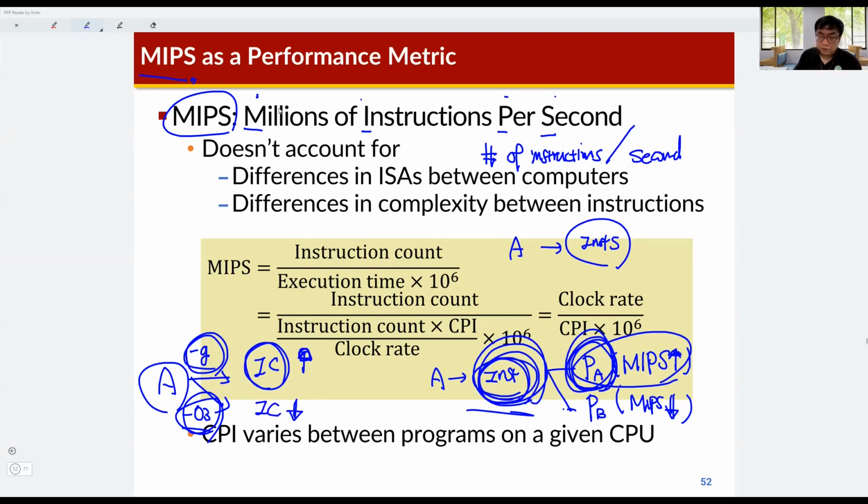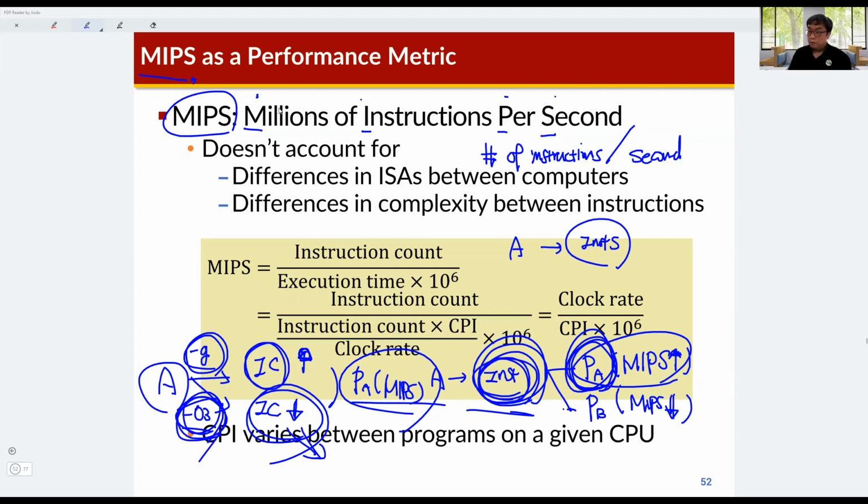These different instructions are executed by the same processor, which has the same MIPS number, but this one will have higher performance because we use the -O3 option. So what does that mean? Even though it's the same processor and the MIPS number is the same, based on the instruction count after the compilation, the performance can be different.